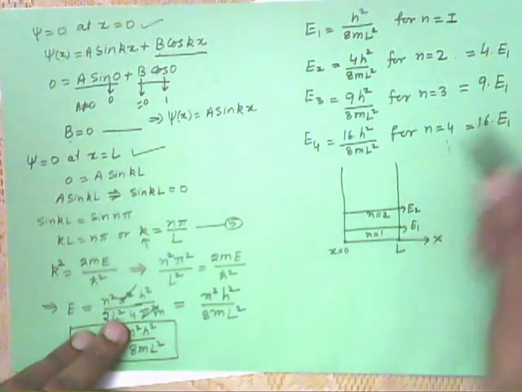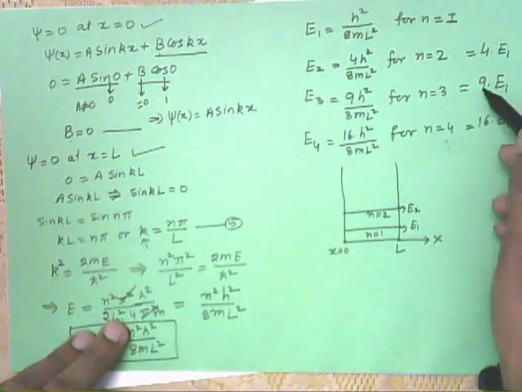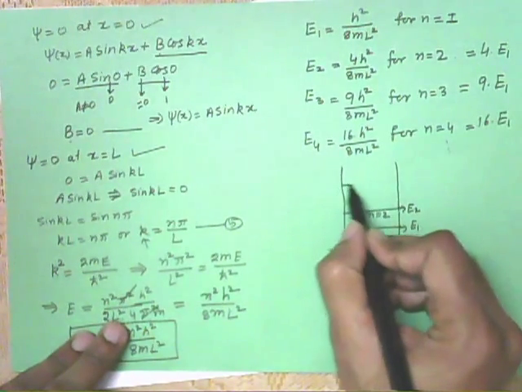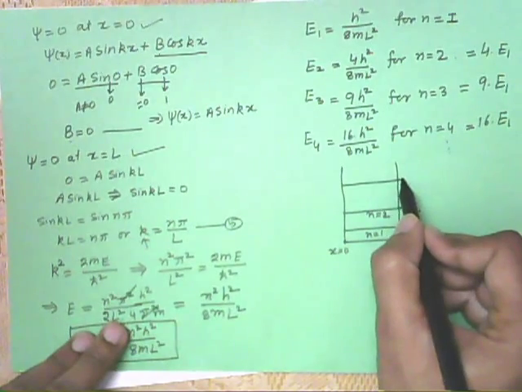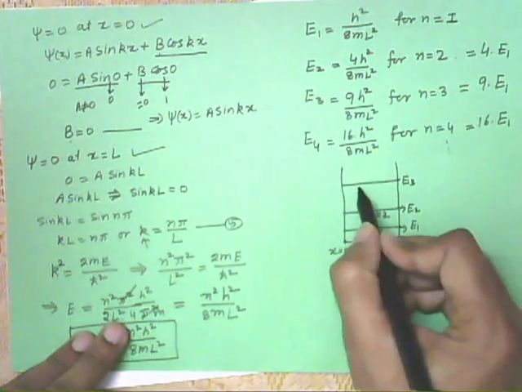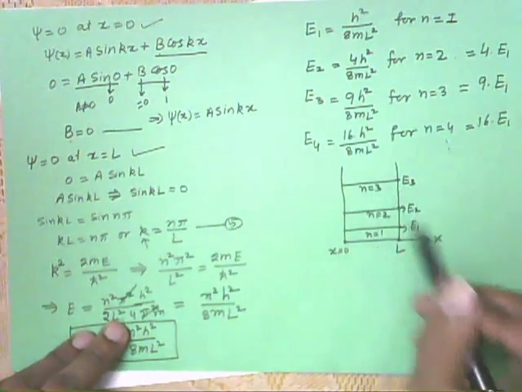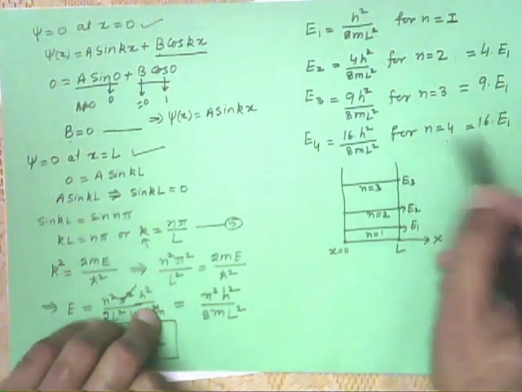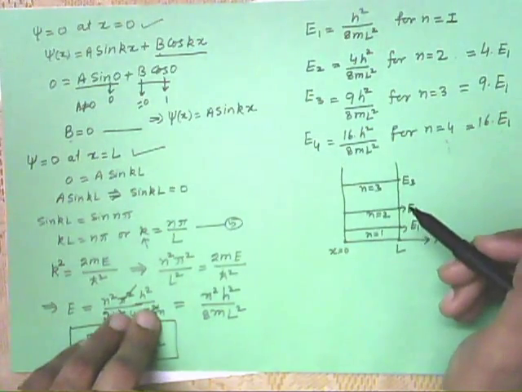Then the difference increases by more than 2 times, so this is E3 for n is equal to 3, and so on. This will be the fourth state.